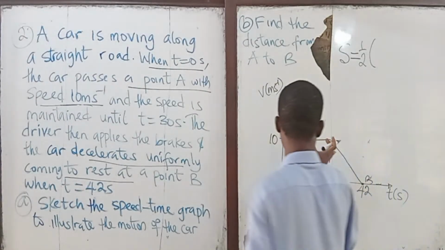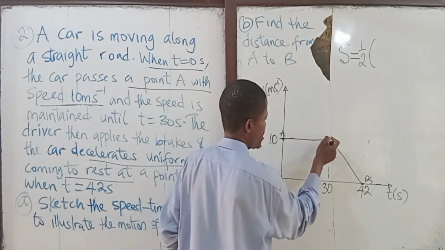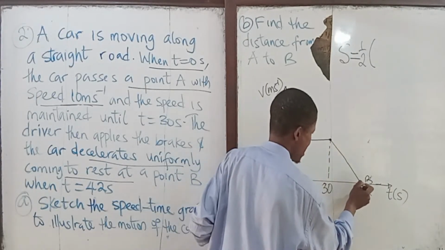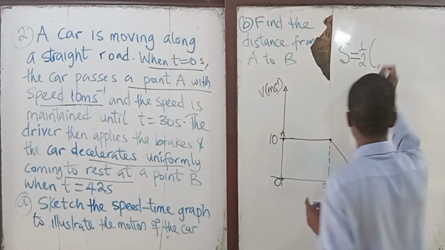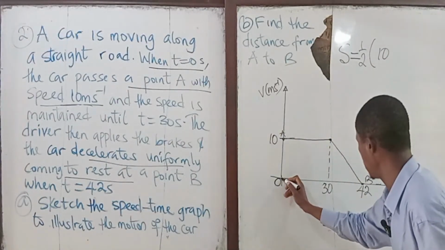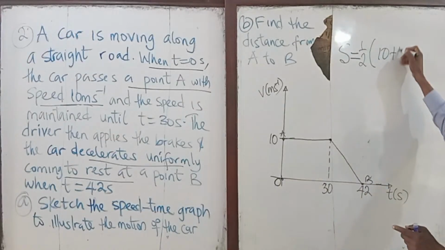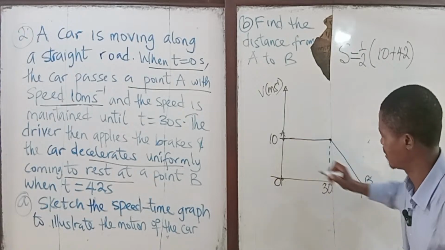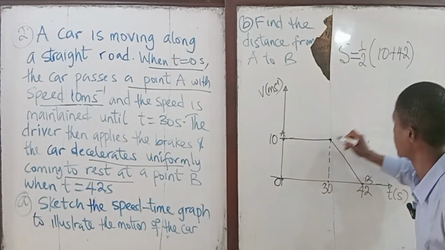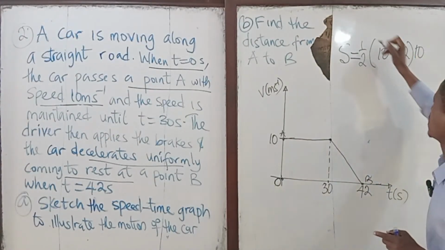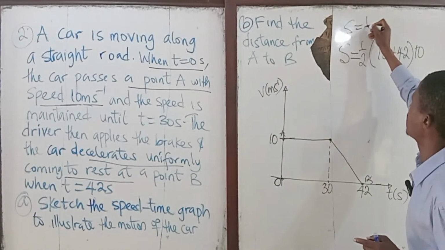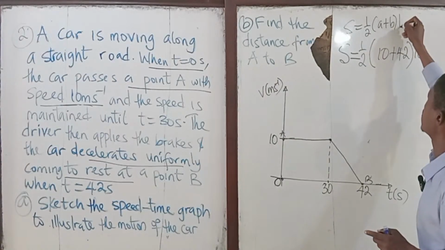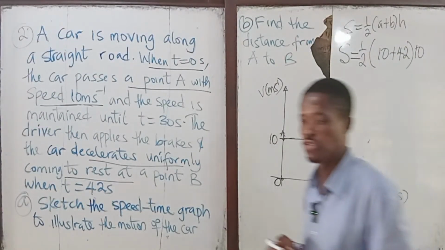We have one from here to here, which is 10, and again from here to here, which is 42. Then times the height, from here to here, which is 10. I'm using the formula half (a plus b) times h.